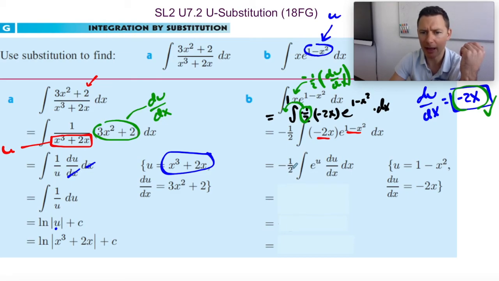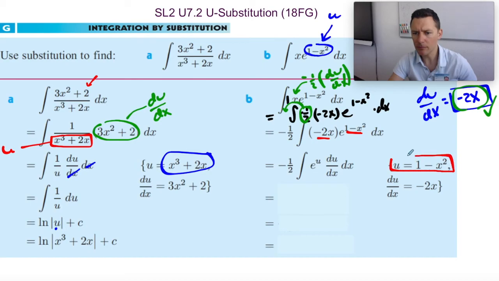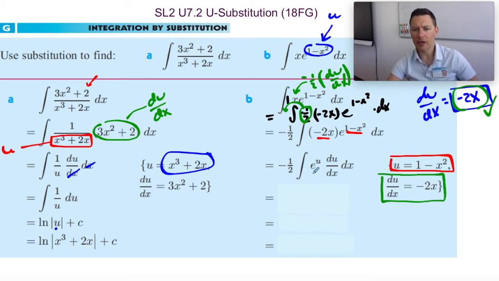Negative 1/2 sitting happily outside. We're calling this part u. We're calling this part du dx, u's derivative. And so now that we have e to the u, a function times its derivative, these can happily cancel, kind of, and you're left with this.